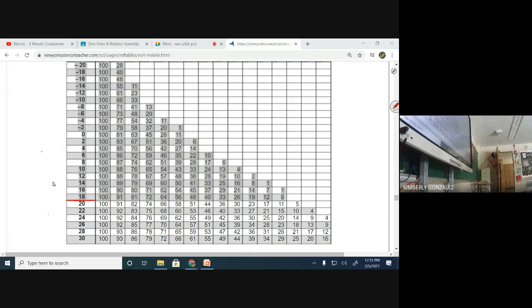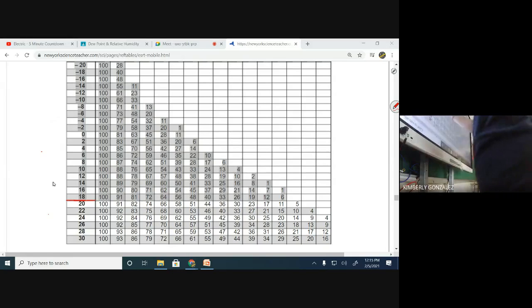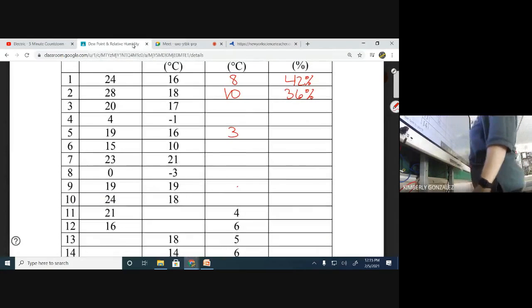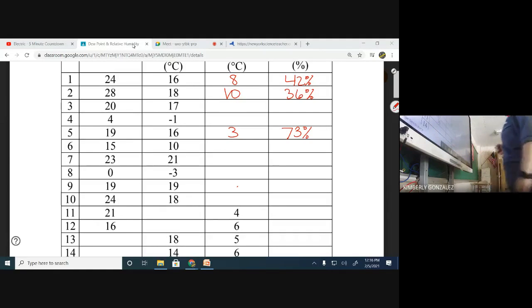So we move over 0, 1, 2, 3 spaces. It's not 72% and it's not 74%. It's actually going to be the number that falls directly in between the two, which is 73%. You guys okay with that?